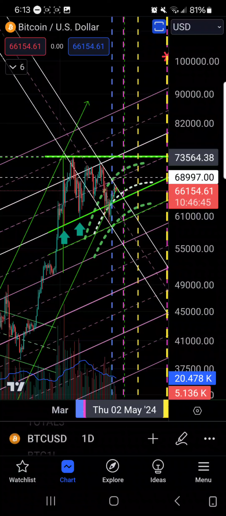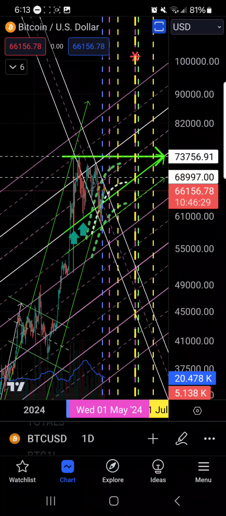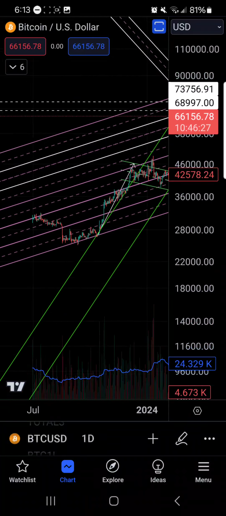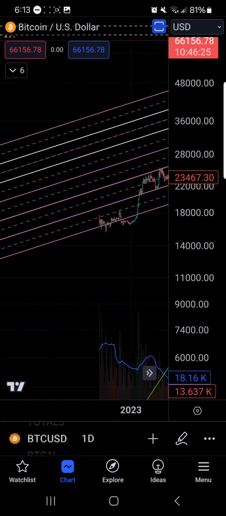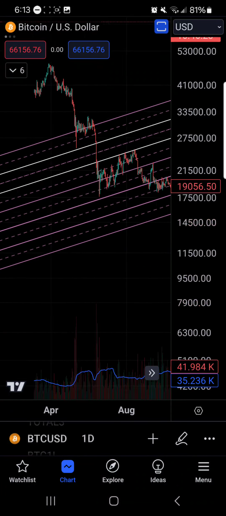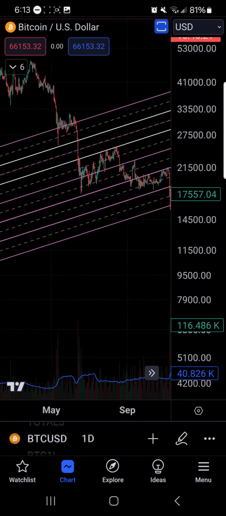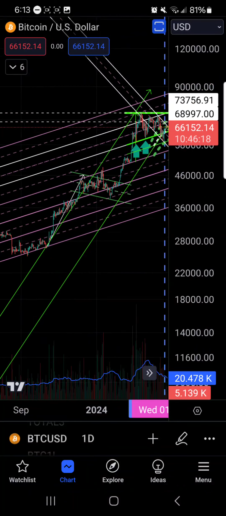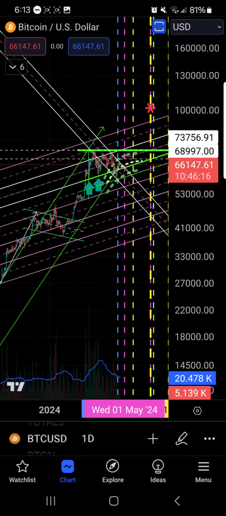I drew it separately, and well, it's not surprising because the price action is the same. But it's interesting that it's so accurately matched up with these long-term channels. Remember, these channels depict Bitcoin price action going all the way back over a decade. So I won't go back here, but I've done that enough times that you should know that.